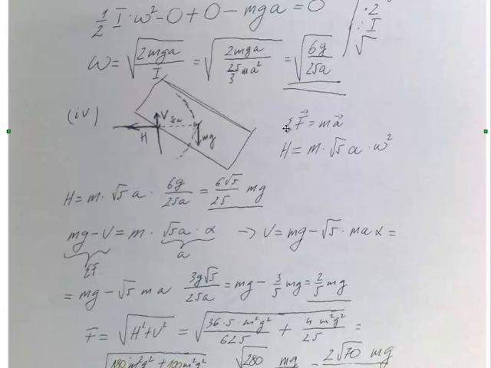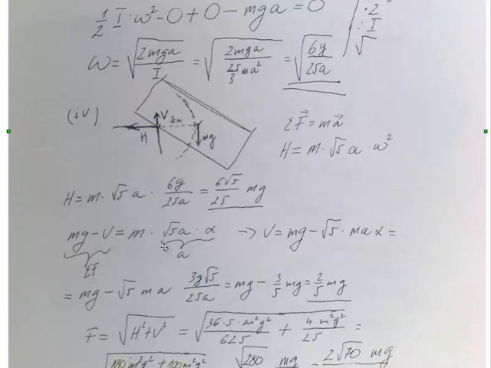After we use this formula, vertical: m times g minus V is equal to m times acceleration.